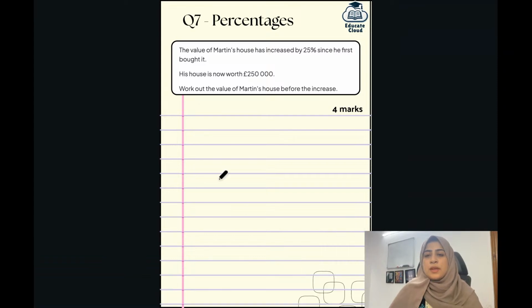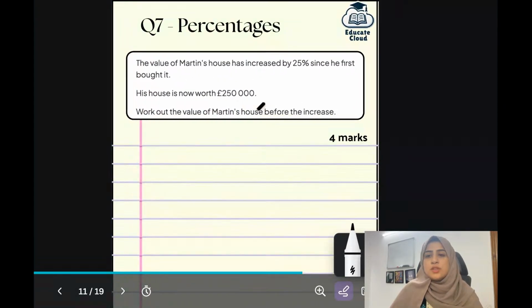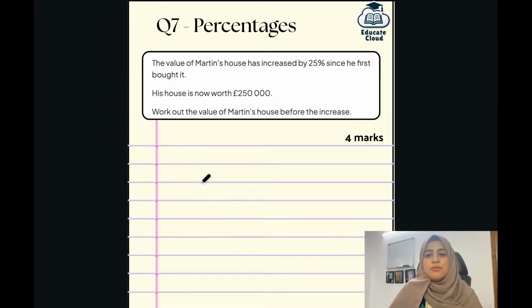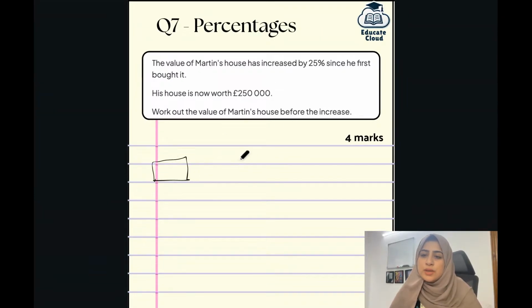Okay. Now, the next question is on percentages. It says the value of Martin's house has increased by 25% since he first bought it. His house is now worth 250,000. So before the increase, we have a house, then it's been increased by 25%.